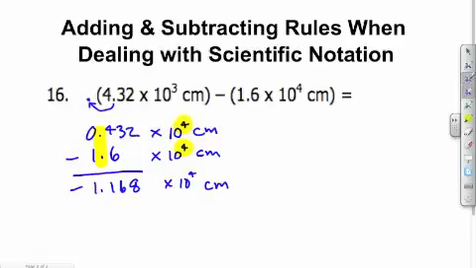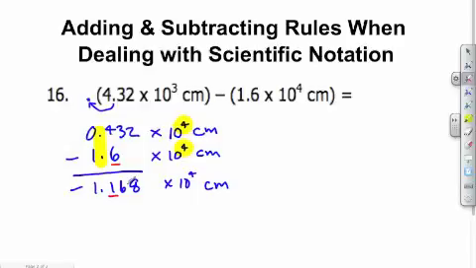All right, now recall, when you're adding and subtracting, your answer is rounded to the same number of places after the decimal as the value in your calculation that has the fewest. 1.6 has the fewest places after the decimal, that is one place after the decimal, so our answer needs to be rounded to one place after the decimal.